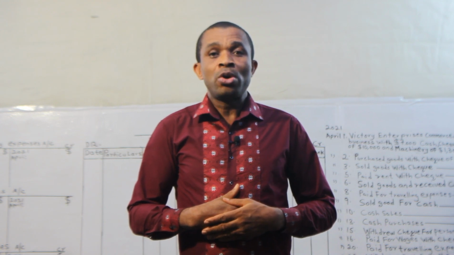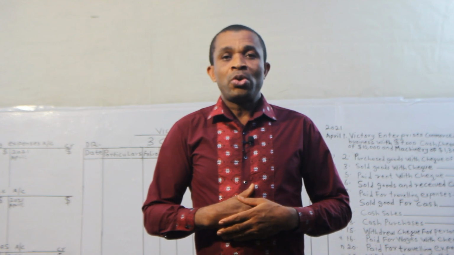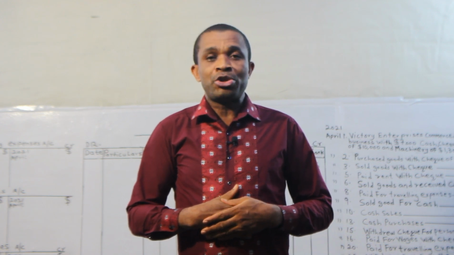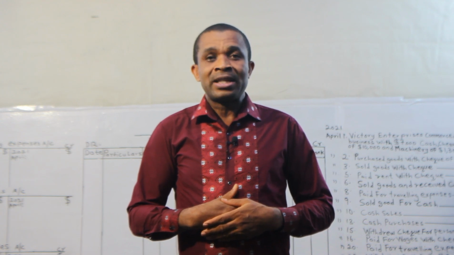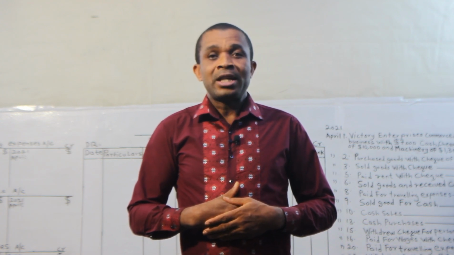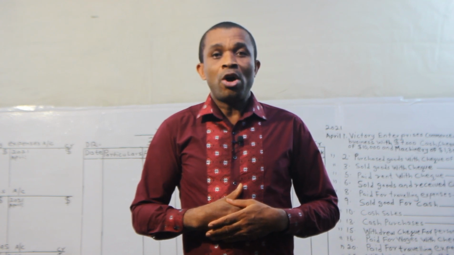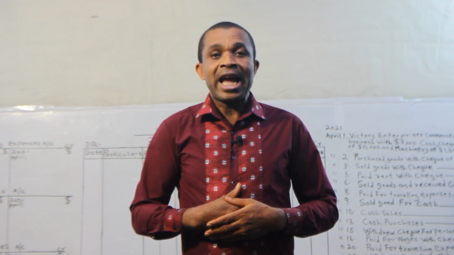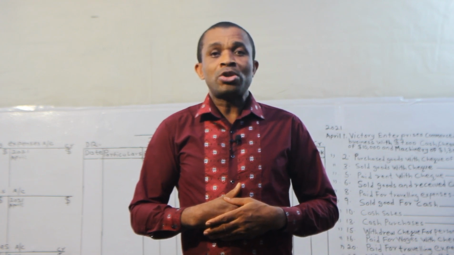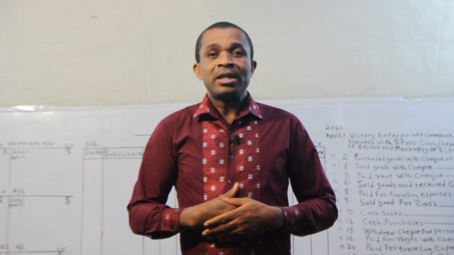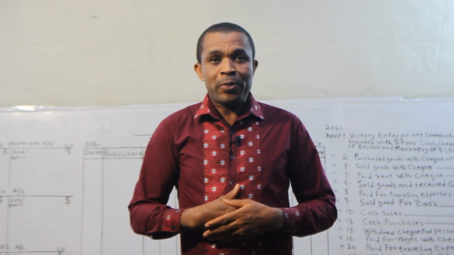In the 3-column cash book, we are going to be looking at a situation where the same businessman has advanced. In this case, he does not only receive cash or check or make payment through cash or check, but also employs the advantages of discount in his operation.